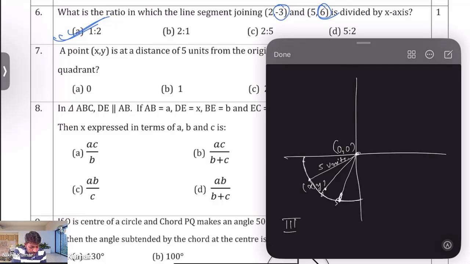And there are infinite points here. Okay, so there are infinite such points that lie at a distance of 5 units from the origin, and they lie in the third quadrant. So the answer is going to be infinite points.